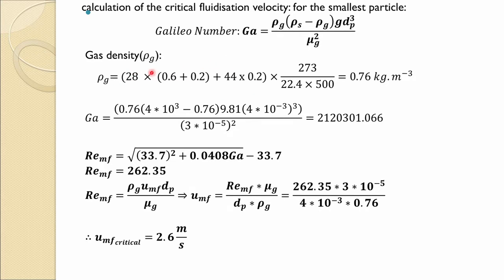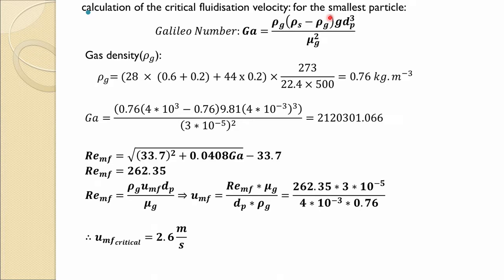So, with the respective percentages it can be converted, and one can easily get the gas density of about 0.76 kg per meter cube. Now we have rho S and rho G; rho S is given already as about 4000 kg per meter cube, and the viscosity is also given. So, everything is known.